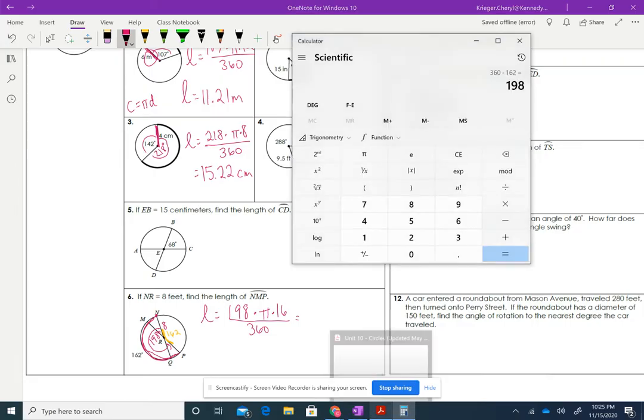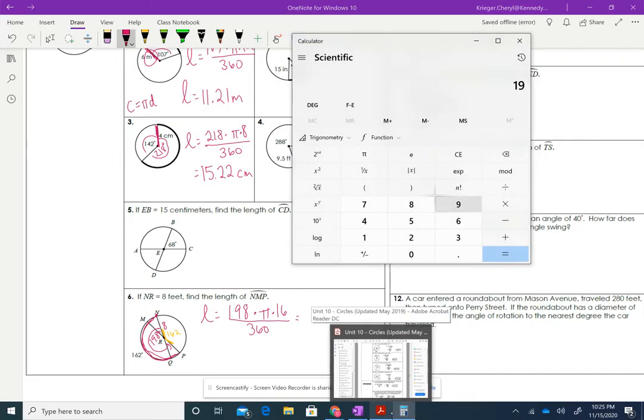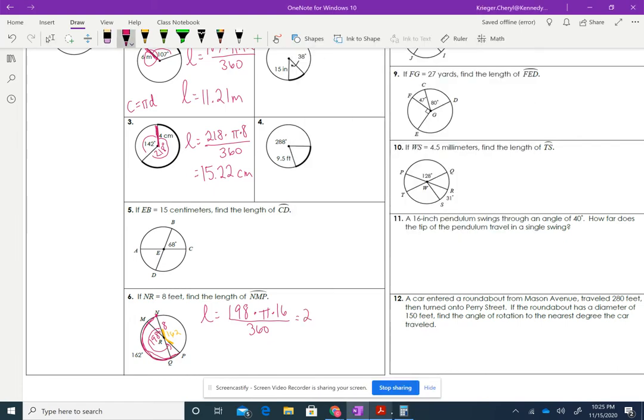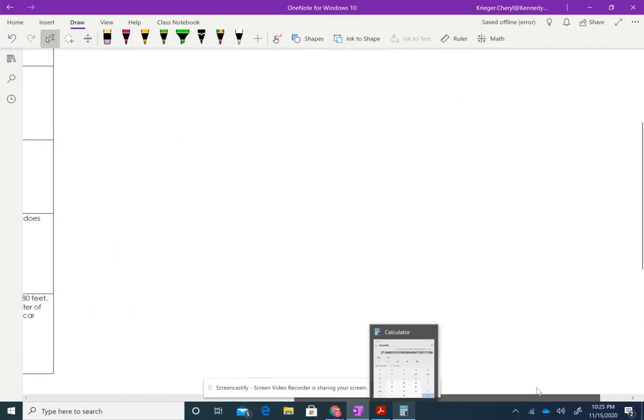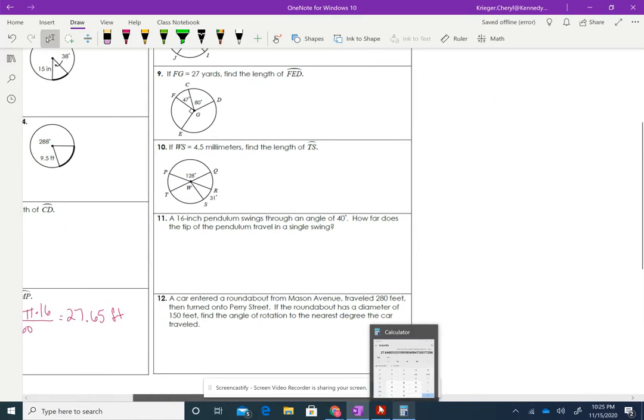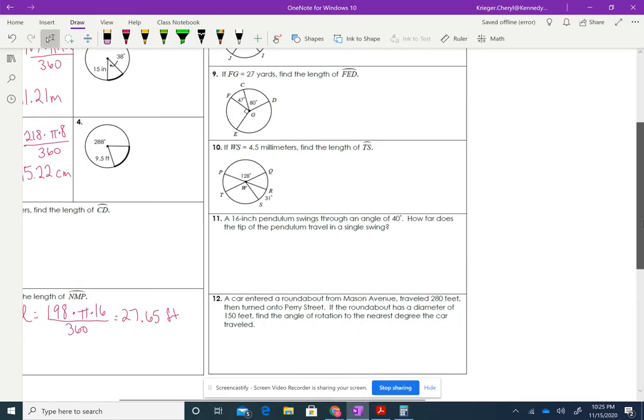Okay, I plug it in. 198 times pi times 16 divided by 360. 27.646, we'll round as 27.65 feet. All right. Let's see what we got for the other side of these notes. Whoa, too far. Sorry.